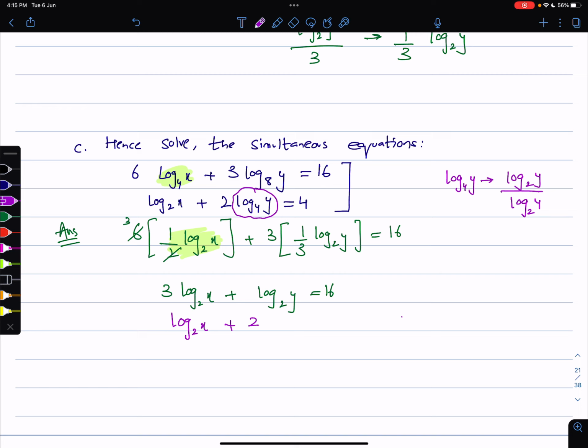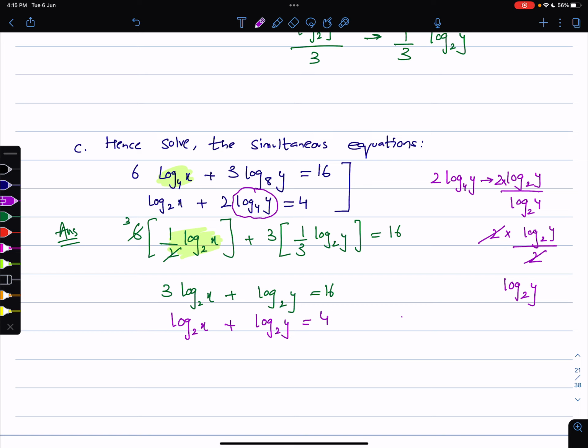So if we multiply this by 2, the answer reduces down to 2 times log 2 of y divided by log 2 of 4, which is 2, and the final answer comes out to be log 2 of y. So 2 log 4 of y is equal to log 2 of y, and that is equal to 4.